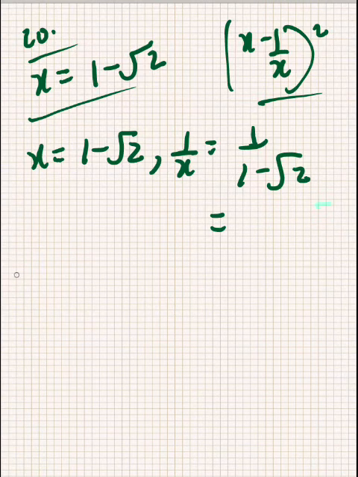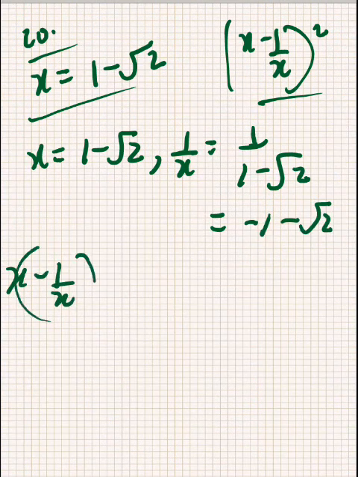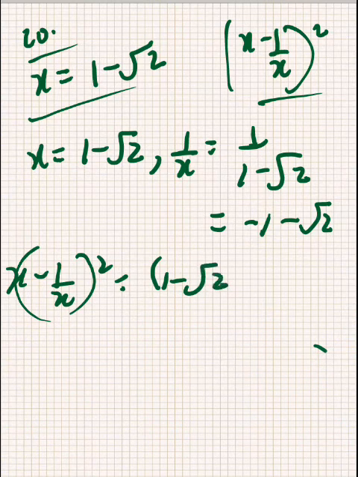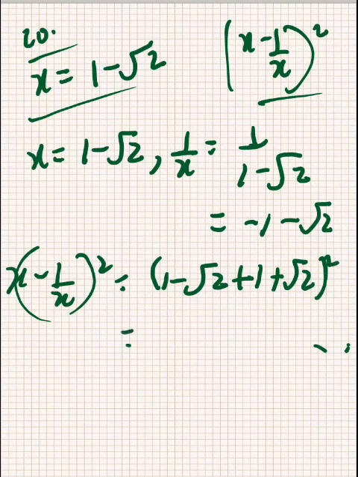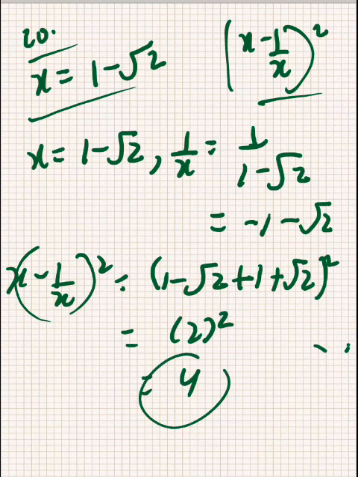After that, x minus 1 by x whole square. So x is equal to 1 minus root 2, and the minus sign again makes it positive, and then square. So the final answer will be 2 square, that is equal to 4. So 4 is the correct answer.